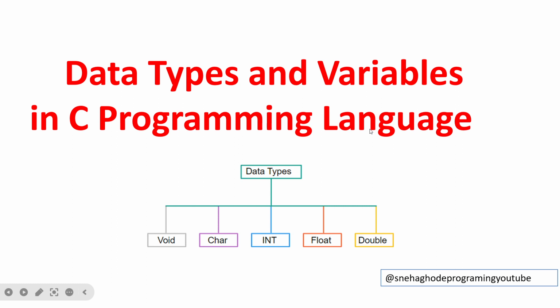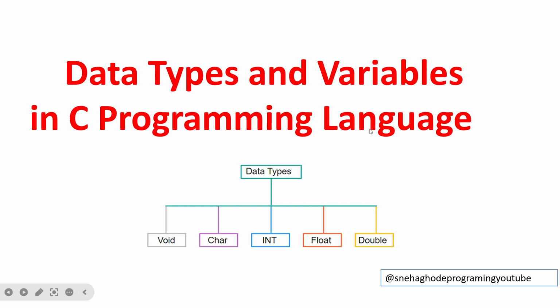Any number which is made up of 0 to 9 numbers and does not contain any decimal point comes under the integer data type. So simply, any natural number which does not contain a decimal point, we are going to call it an integer type of data.